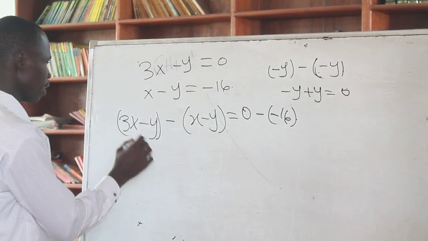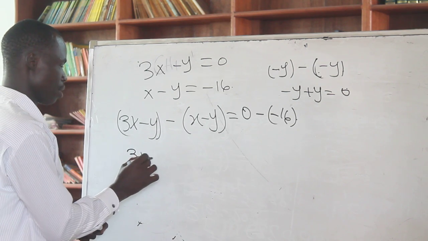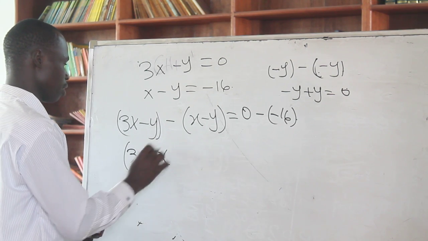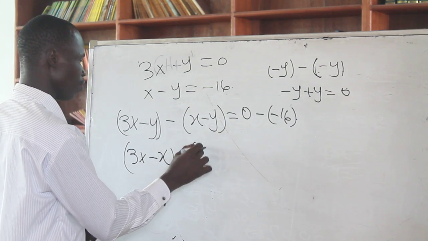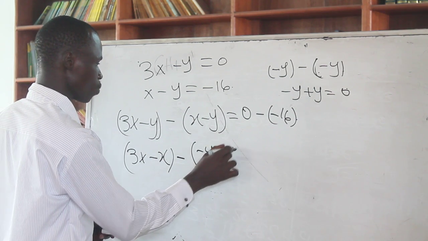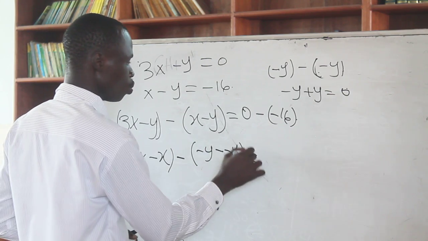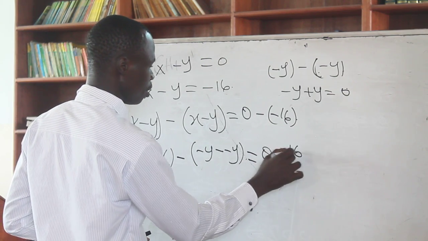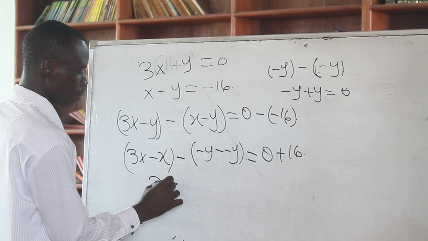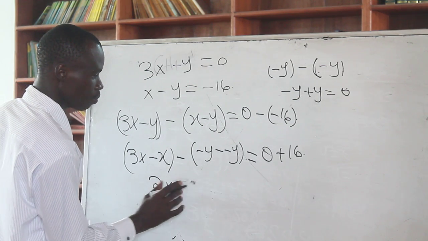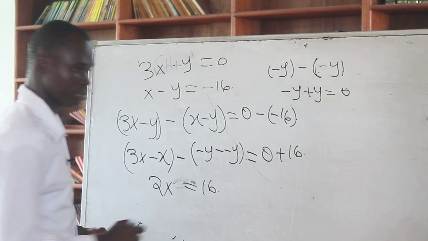So bring like terms together: 3x minus x, negative y minus y is equal to 0 plus 16. So this will be 2x minus 0, so that will be 2x is equal to 16.